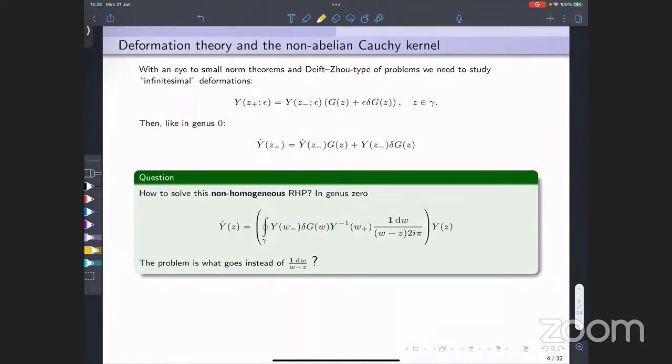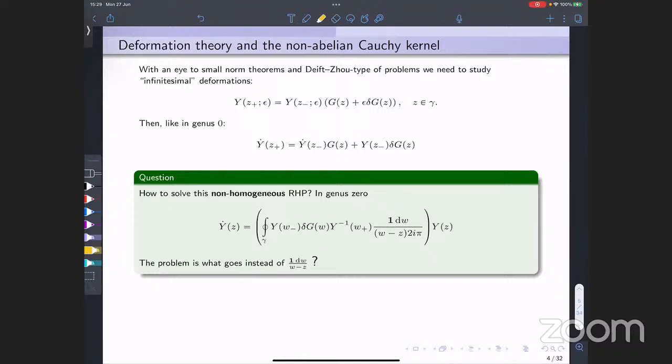Now, with an eye to the applications, let me introduce the Cauchy kernel. So in the integrable systems community, there are a lot of people that are interested in asymptotics of MLS, orthogonal polynomials, KdV, small dispersion, long time, whatever, high degree. And the magic tool for the last 20 years has been the steepest descent Deift-Zhou method.